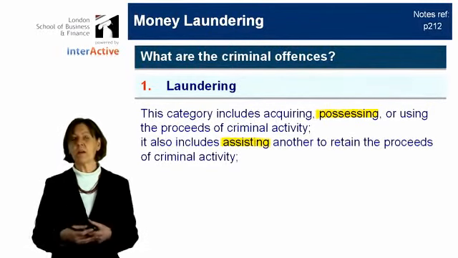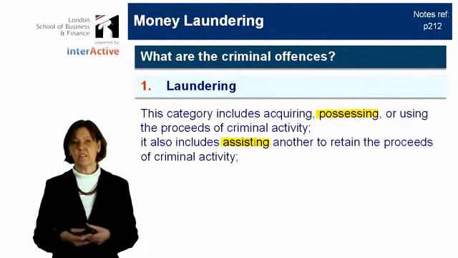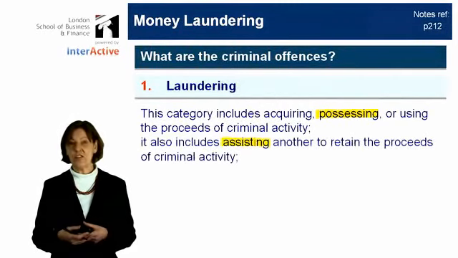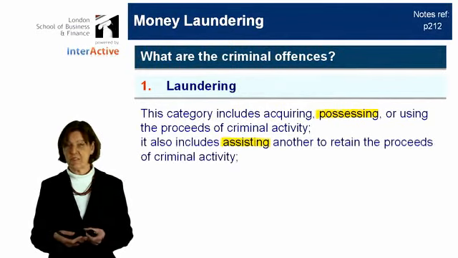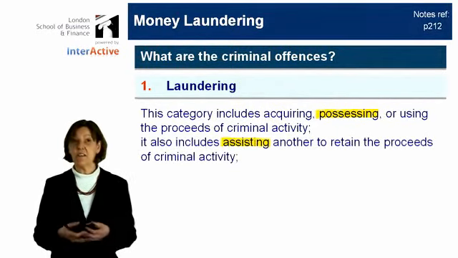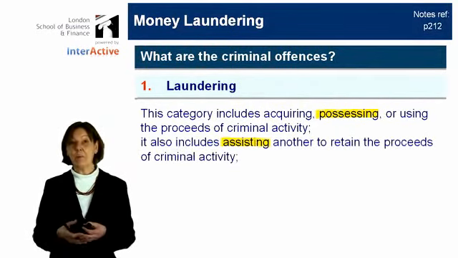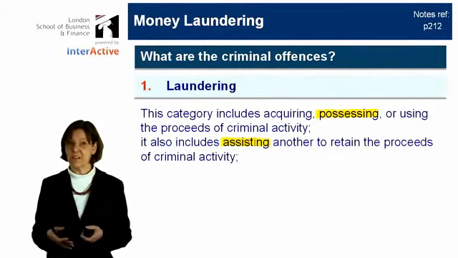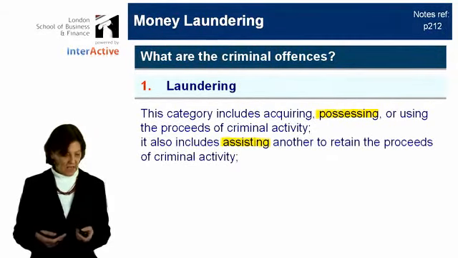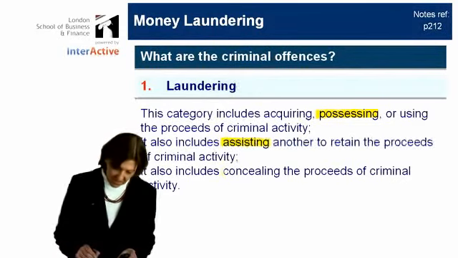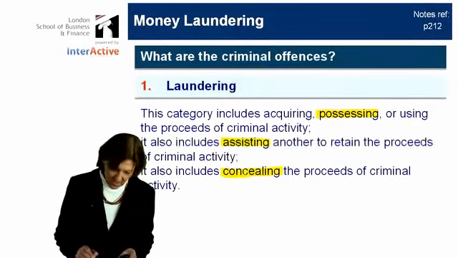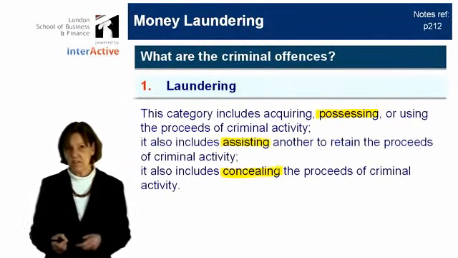So with your clients then, you must make sure your client is genuine. You must make inquiries into where he got the money from. And don't forget, anybody these days, in this country at least, who comes up with a whole pile of cash is immediately suspicious. It also includes, lastly, concealing the proceeds of criminal activity.